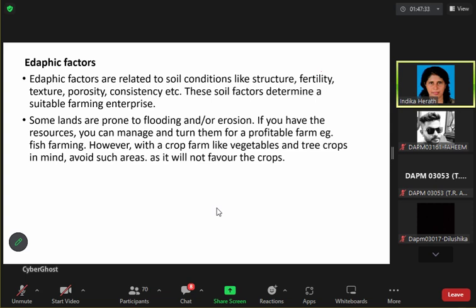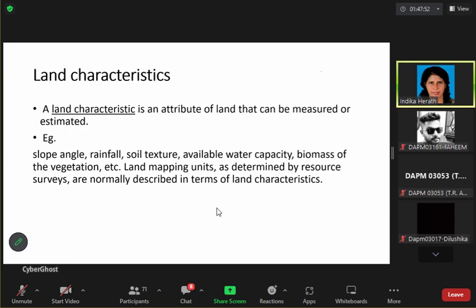Therefore, we need to consider whether they are prone to leaching, and the crops also need to be considered carefully depending on the soil conditions, right? And land characteristics, so attributes of land.